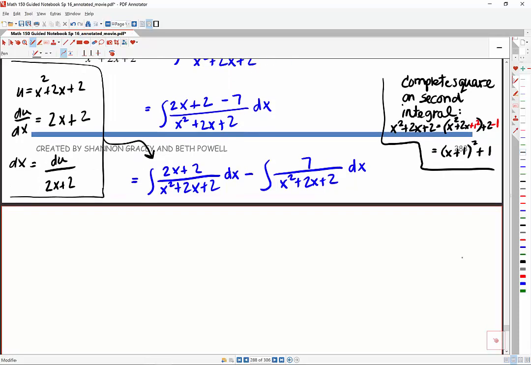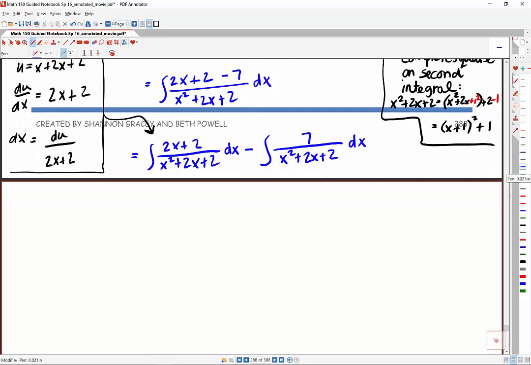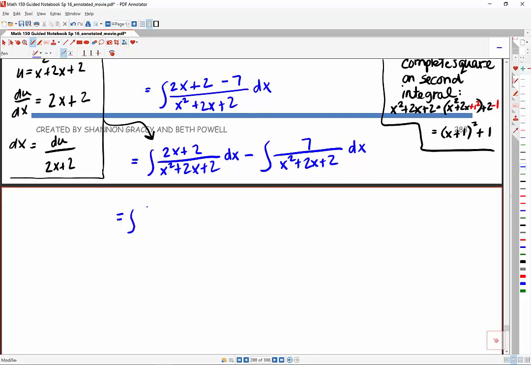So let's check it out. This will give us the integral of 2x plus 2 over u, and then dx was du over 2x plus 2. So on this first integral, dx was du over 2x plus 2, and our u was the x squared plus 2x plus 2.